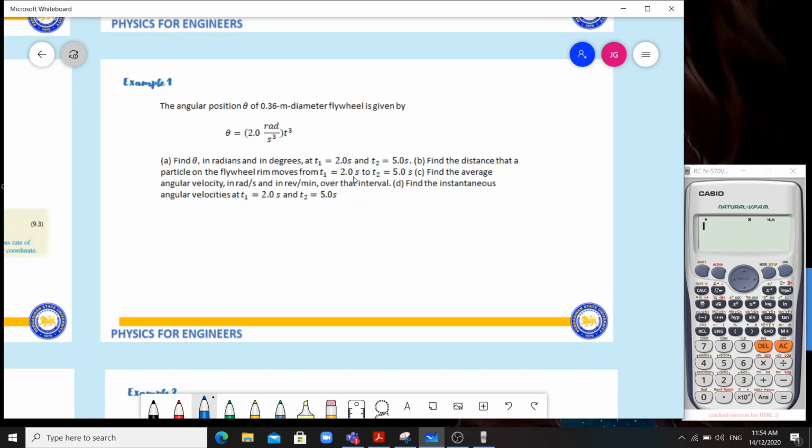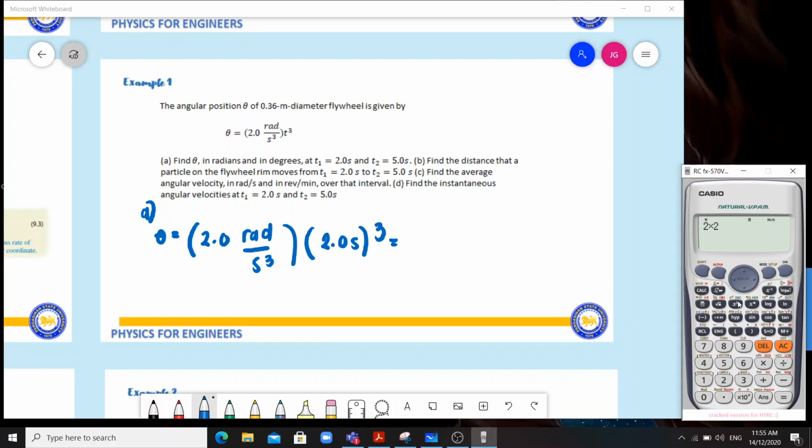It's simple, we just substitute: 2.0 rad per second cubed times 2 seconds cubed, which is 2 times 2 cubed, 16. The seconds cancel, so 16 rad.